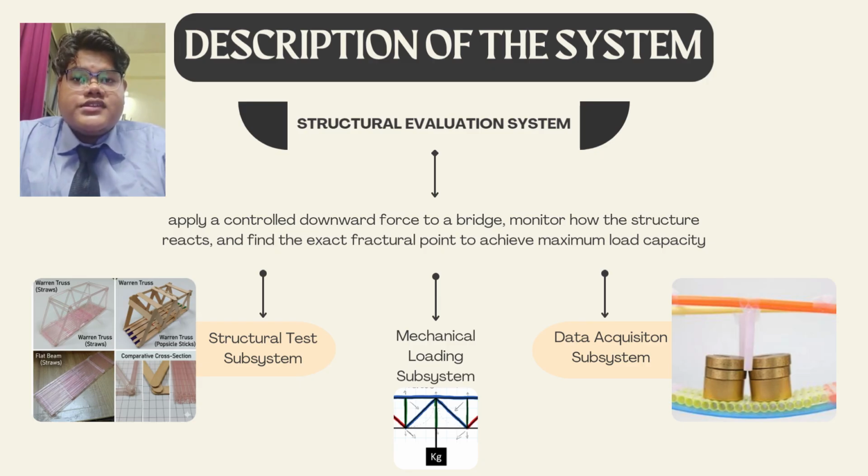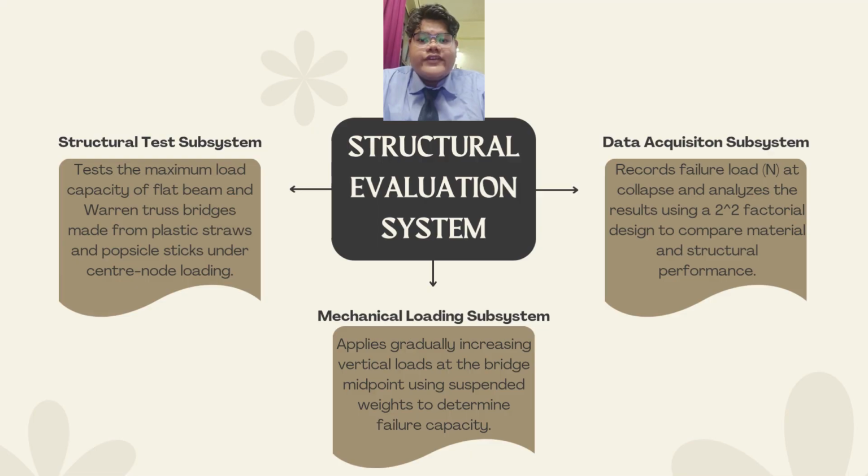This experiment uses a structural evaluation system that consists of 3 subsystems. First is the structural test subsystem, which evaluates the maximum load capacity of bridges made from different materials and designs. Second is the mechanical loading subsystem, where weights are added gradually at the center of the bridge.